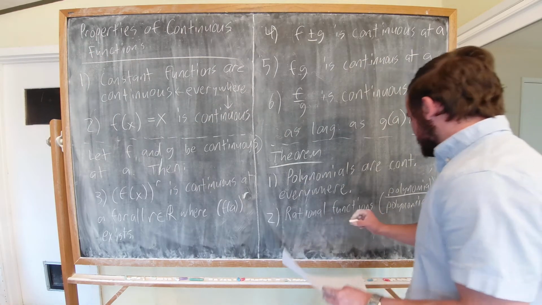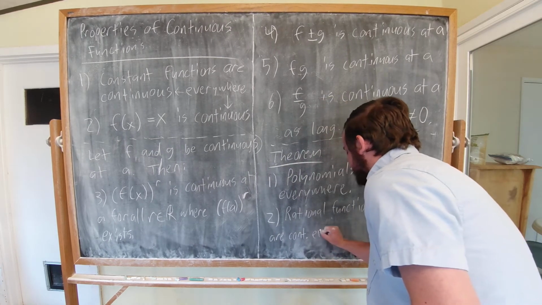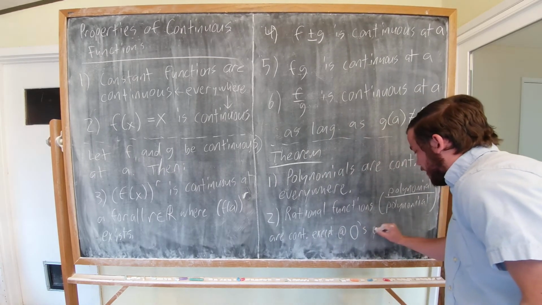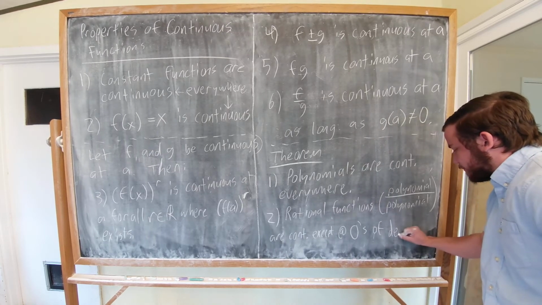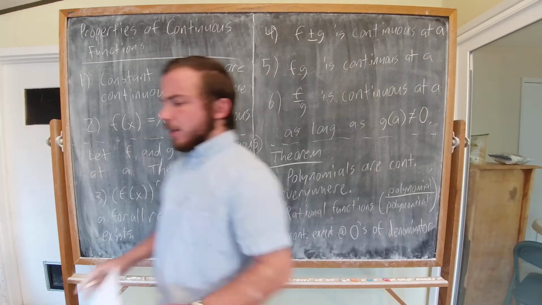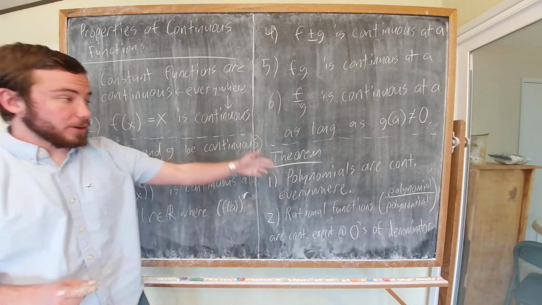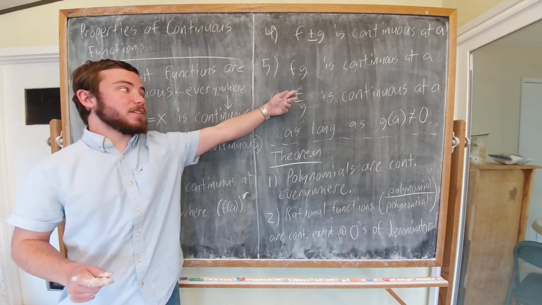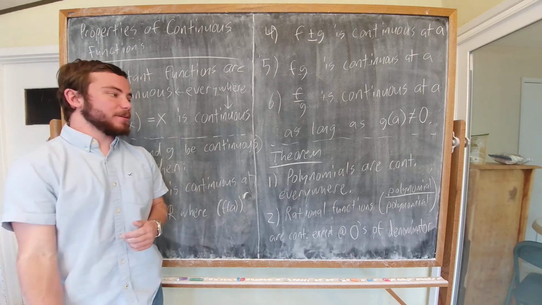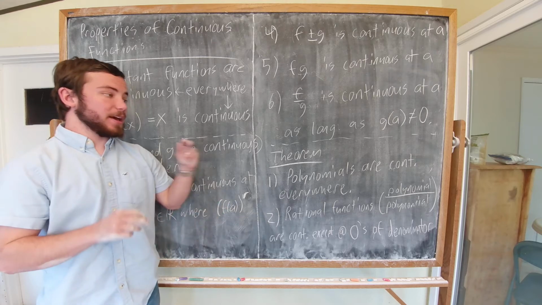Polynomial over polynomial are continuous, except at the zeros of the denominator. Right? When the denominator is 0, divide by 0 error, can't do it. But everywhere else, if polynomials are continuous everywhere, then we can divide and it'll work, except at the zeros of the denominator. So those are two really nice facts, which you should have seen in pre-calc, but if not, here they are.